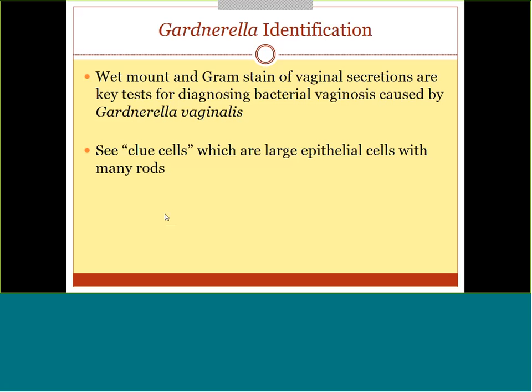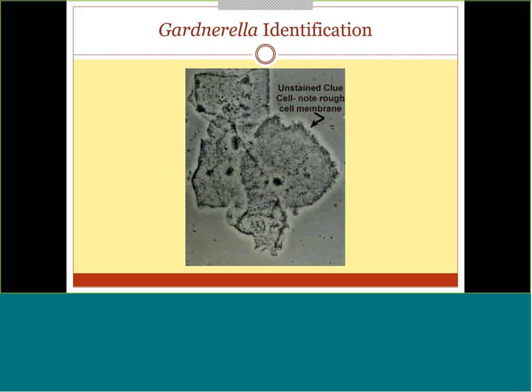When you see these clue cells, you'll see that they're large squamous epithelial cells, but they don't look quite right. They look a lot more filled up with something. They're really refractile, so if you focus up and down, they're kind of shiny. And then the borders of the cell will be really obscure. Those bacteria will kind of cover everything, so you're not going to see a nice delineation of the border like you normally do.